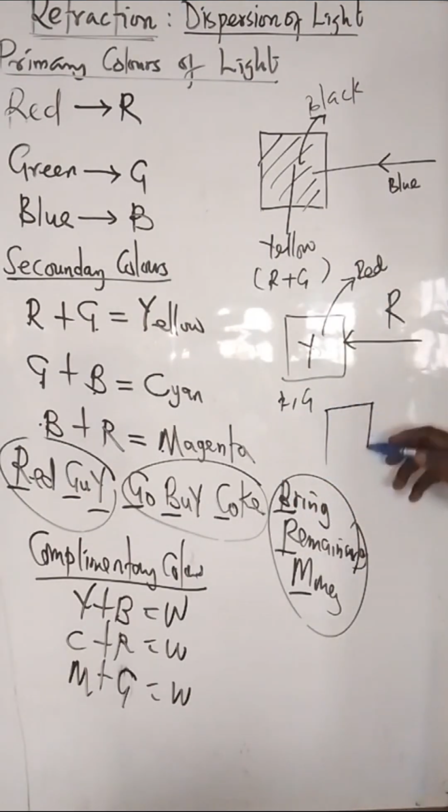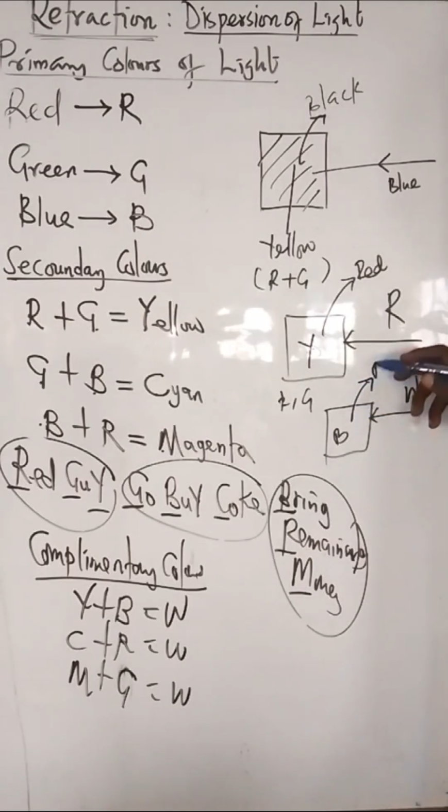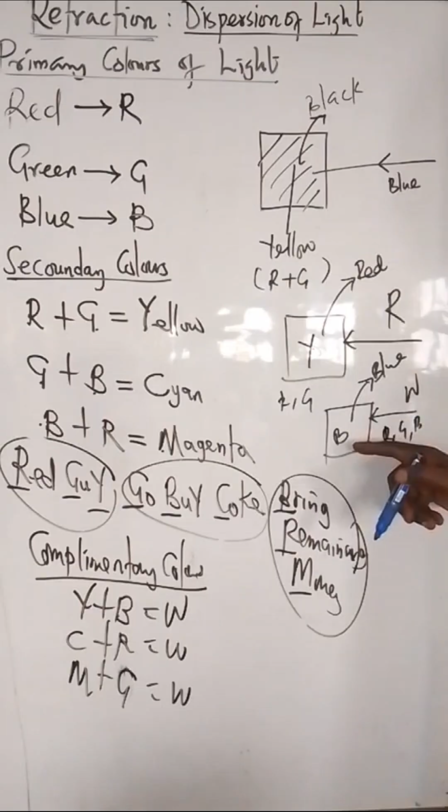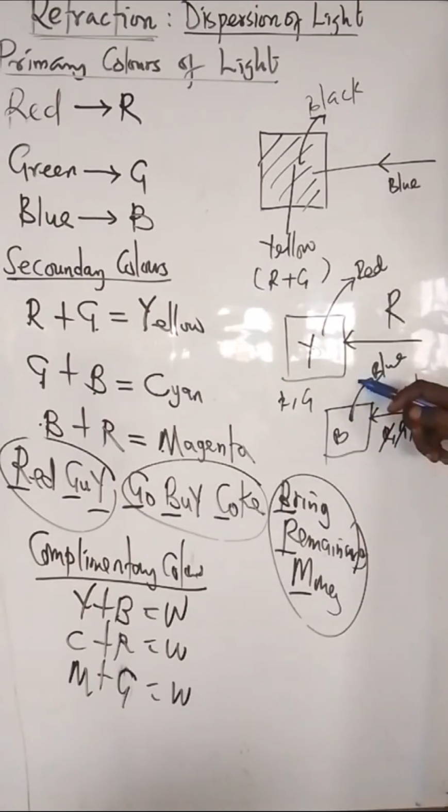Okay. Let's suppose we have a blue card, and on this blue card a white light falls. What happens? It will appear blue. Why does it appear blue? Because white light has what? Red, green, and blue. When this falls on it, it's going to absorb red, it will absorb green, and it will allow blue to pass through.